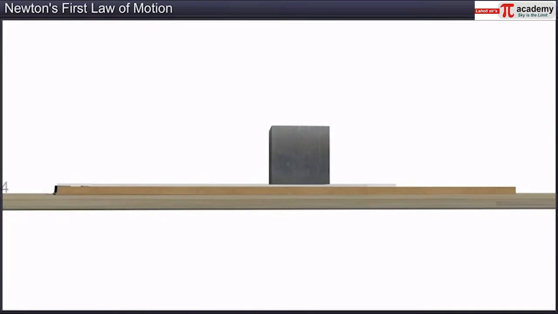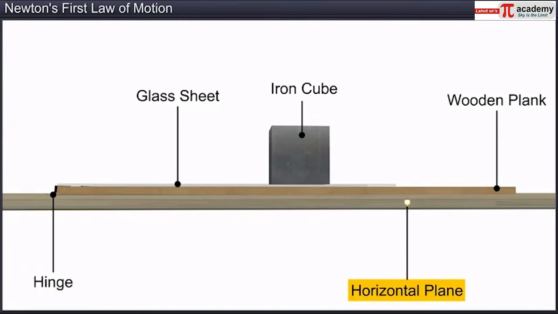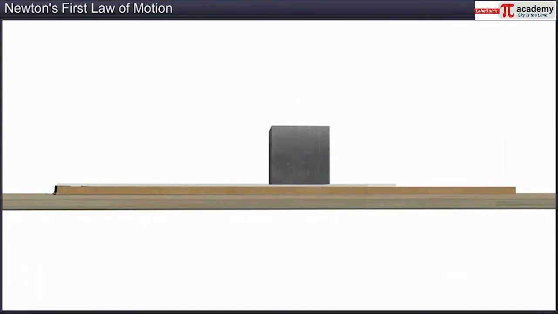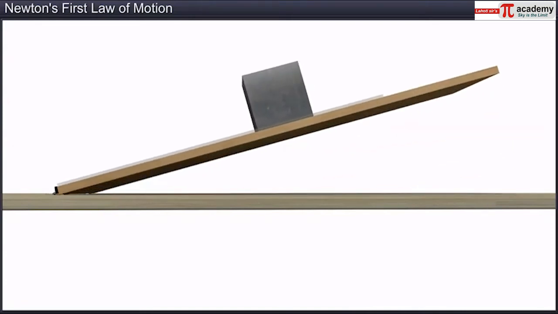Let's take an example from a physics laboratory. An iron cube is placed on a glass sheet, which is fixed to a wooden plank. This wooden plank is hinged to a horizontal surface. The wooden plank is slowly tilted until the iron cube is about to slide down on its own.